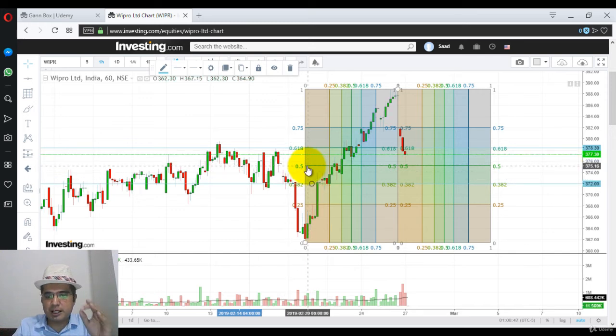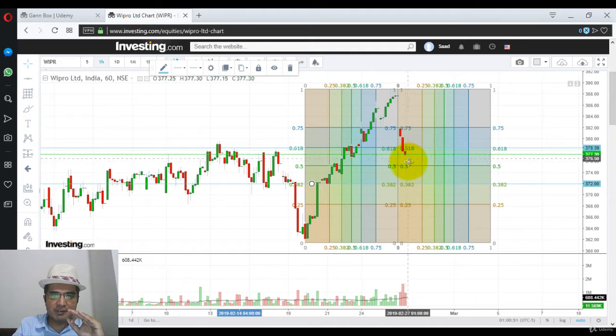Now 50% mark, as we discussed earlier, is an important level. So if we trade from 377, the first target of 375.20 is easily achievable, which is like 2 rupees of local currency. So we can easily earn that.